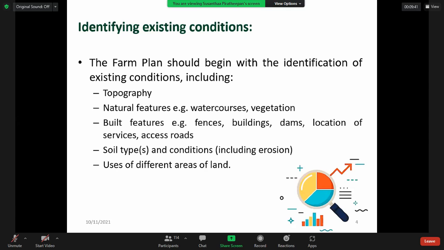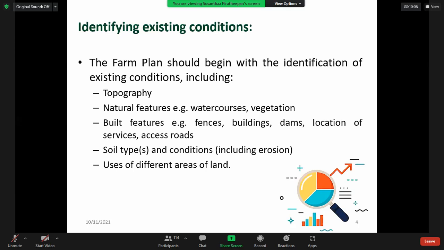So the first one, topography. The land appearance or land availability, maybe the mountain side or the normal land side. We want to check whether the topography is suitable for our farm, or how we can use that topography for our farm planning. The second one is the natural features.